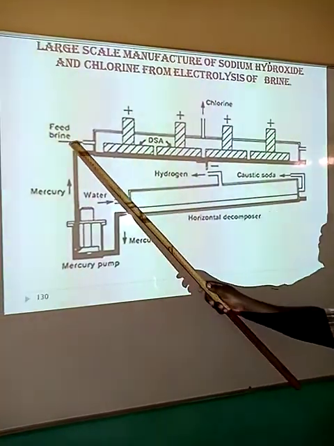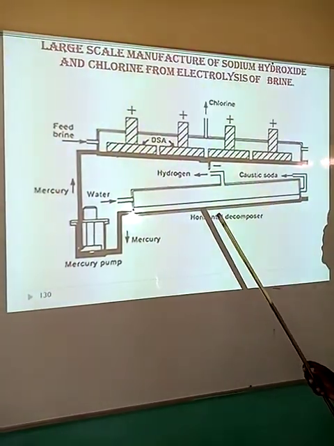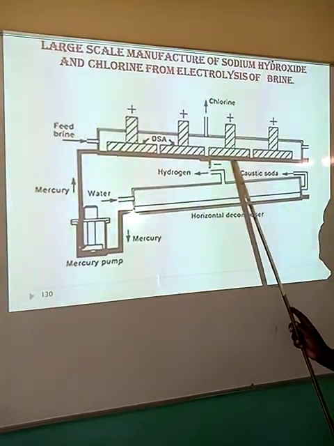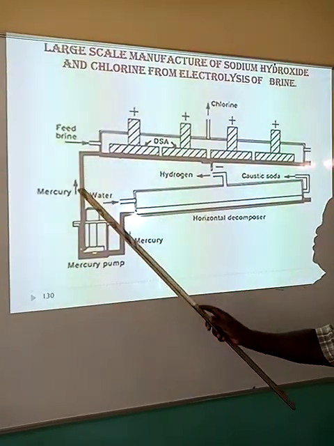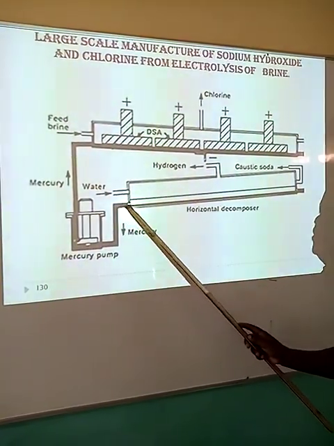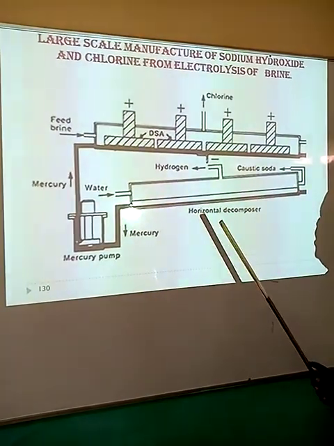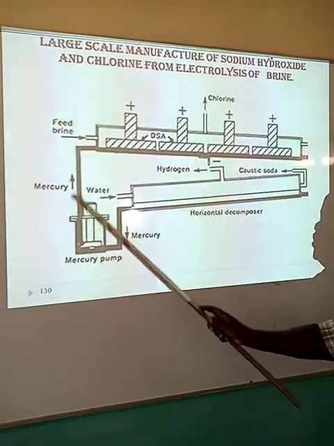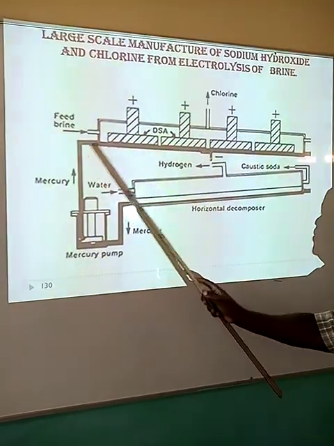So when you feed this mercury cell, we call it a mercury cell because there is a thin film of mercury which acts as our cathode. There's a thin film of mercury which moves around, in this direction like that.